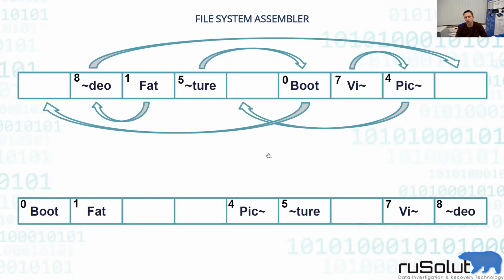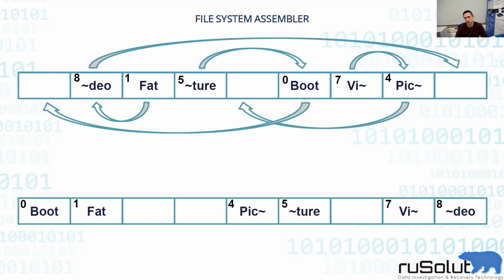I mentioned before that besides files, this file assembler always tries to recreate the file system, and sometimes, with some specific set of files, if you are lucky enough, the original file system will be recovered.